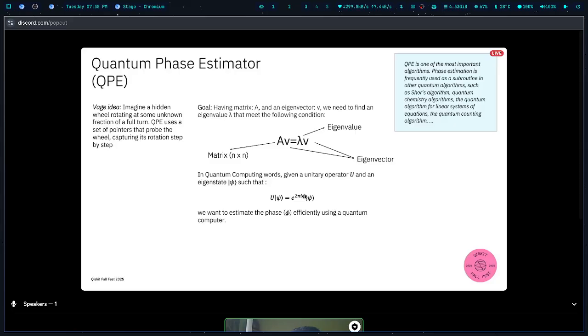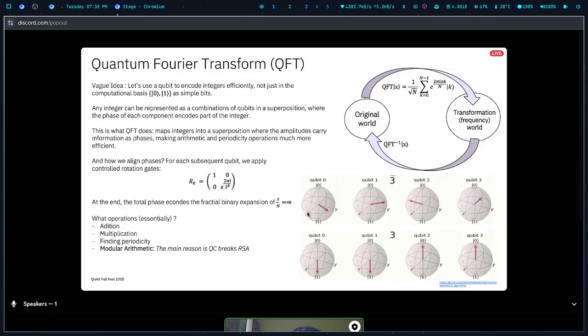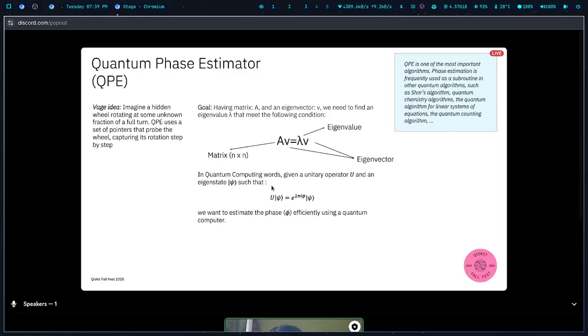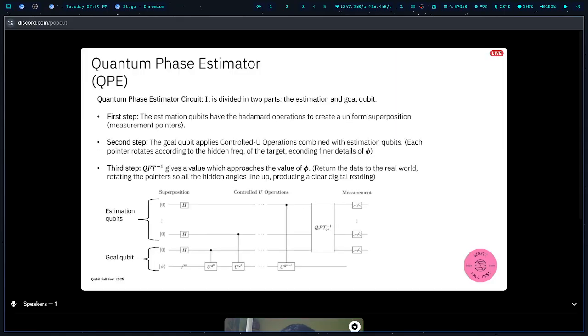We want to estimate this phase that we have right here efficiently using a quantum computer. The output, to be honest, will be that eigenvalue, or in this case, that element right here. As you can see, this form is the same as this form. So we normally use a rotational gate to be able to perform these calculations.